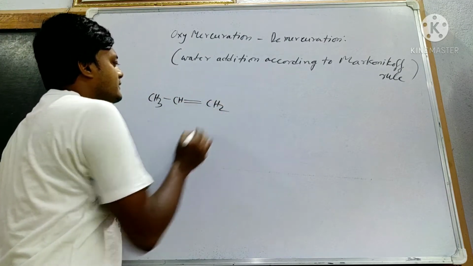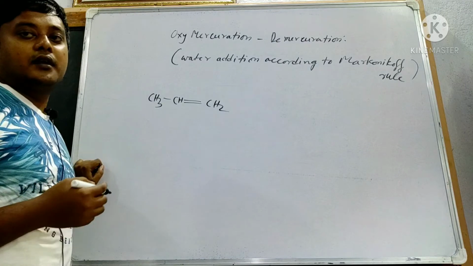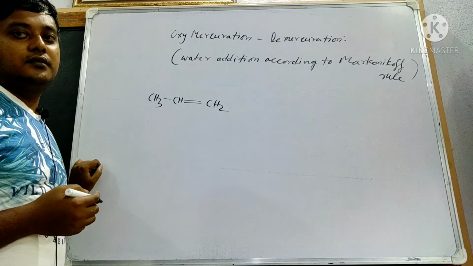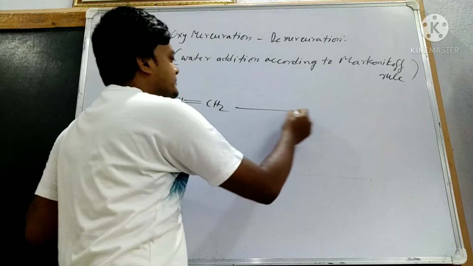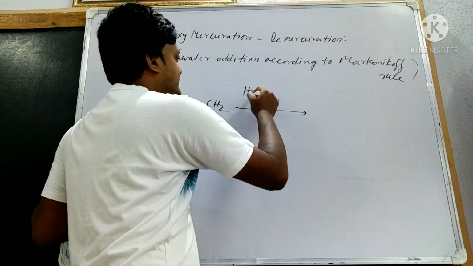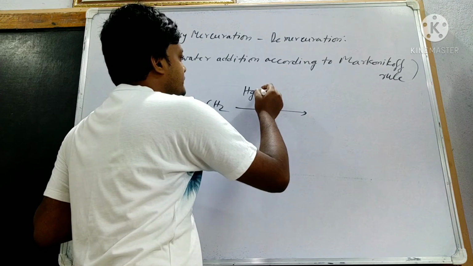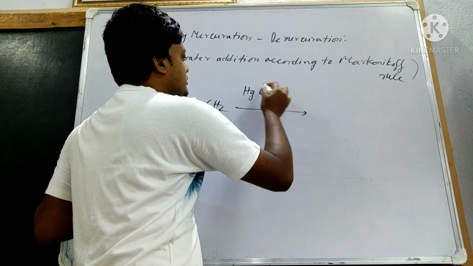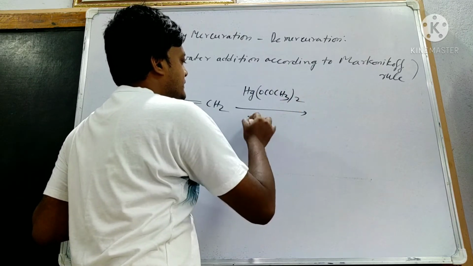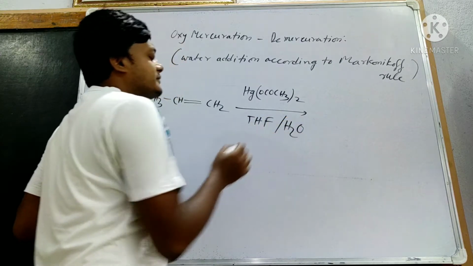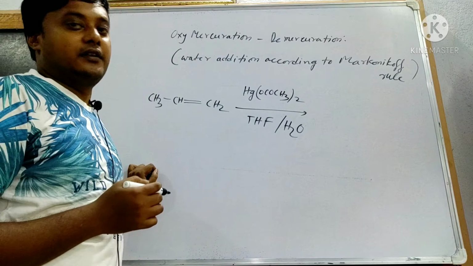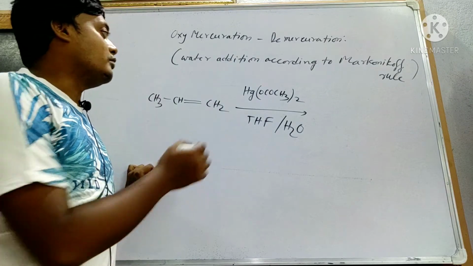So we are taking an unsymmetric alkene, propene. In first step, mercuric acetate, Hg(OCOCH3)2, THF, tetrahydrofuran solvent, and water.